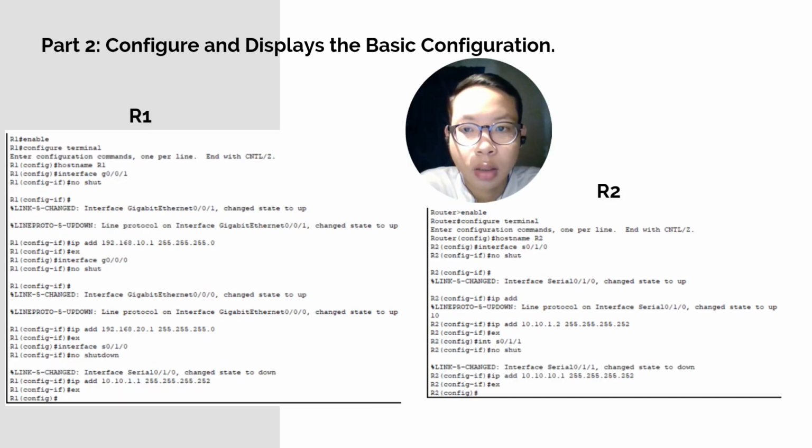For the routers, we have a dual configuration for R1 and R2. For R1, we change the host name to R1, we enter an interface and we no shut. Then we enter the IP address that we showed in the address table. For R2 also, we have the same configuration: we change the host name to R2 and we include the IP address.